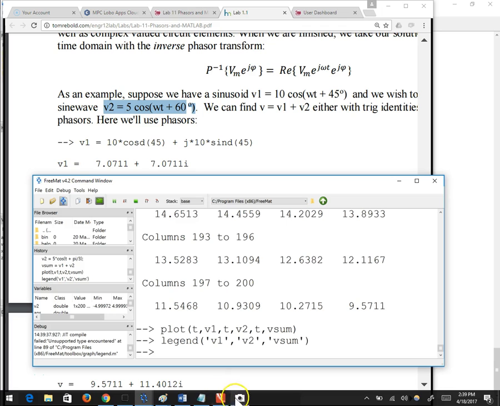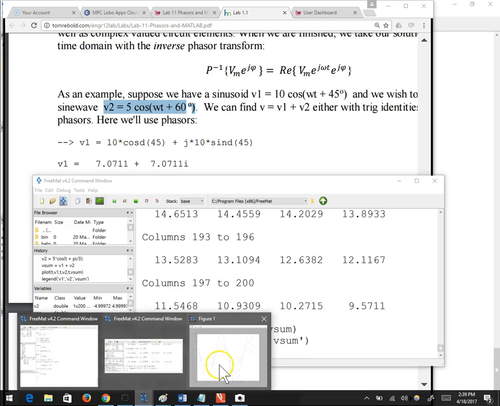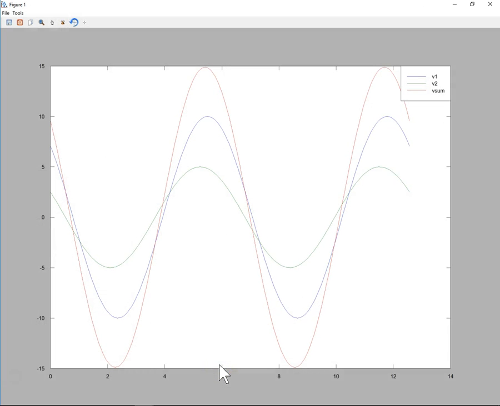Very easy to do in MATLAB, FreeMat. So V sum is the red, V1 is the blue, and V2 is the green. We just added the two curves together. We didn't do the phasor thing yet.